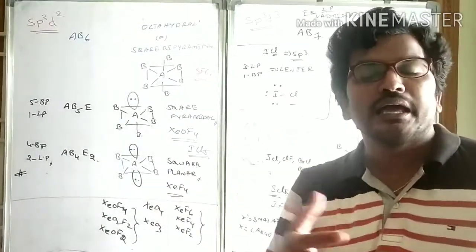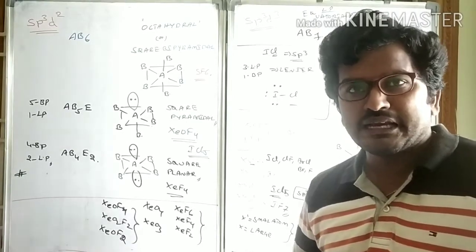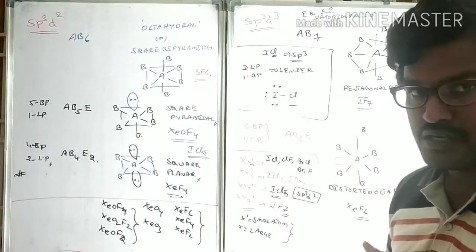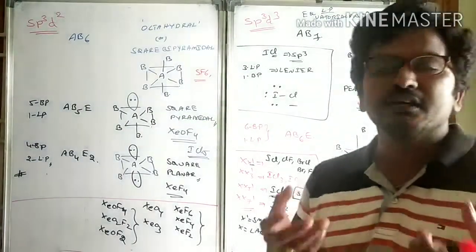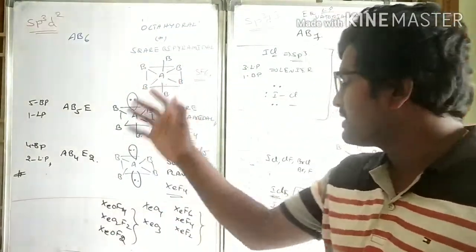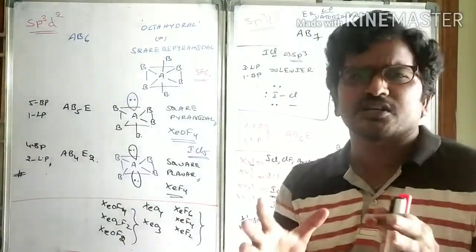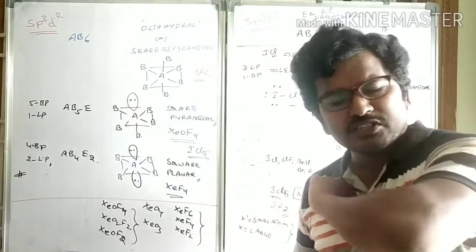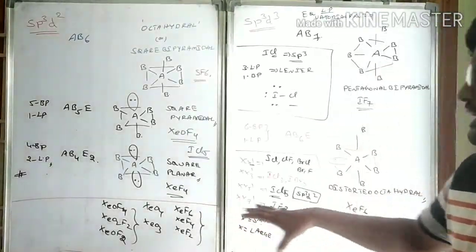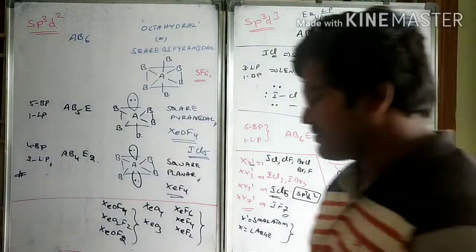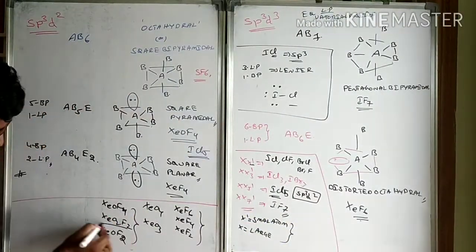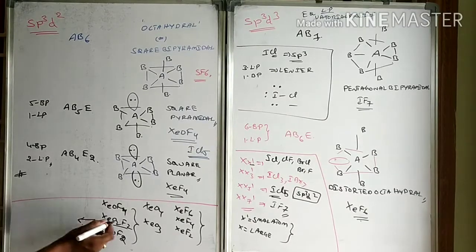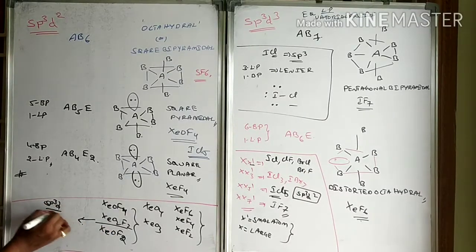When you go to the carbon family halides, there is especially no chance of lone pairs. And in the nitrogen family halides we have PCl3 and PCl5. Whatever the structure is, by using hybridization and VSEPR theory, without memorizing anything, you can identify the structure. For example, for XeO2F2 the hybridization is sp3d.